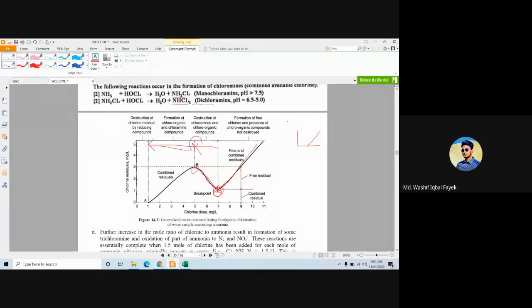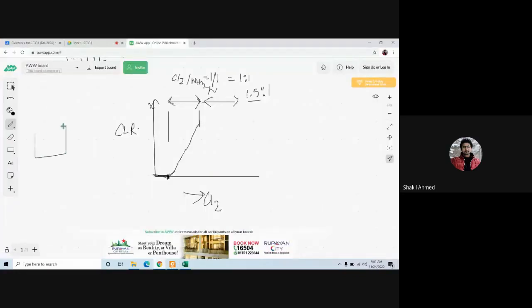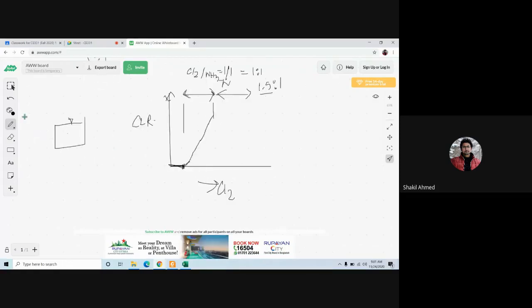Now, if you take a sample of water which has only pathogens, no impurities, then what would happen? From the very beginning, you will get a 45-degree line. Whatever you give or add as chlorine, you get it as chlorine residual. Am I right? Because you don't have any wastage.